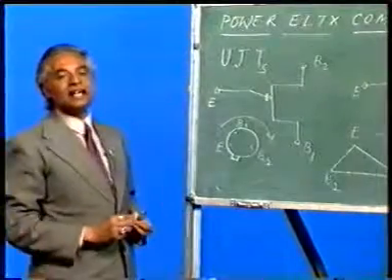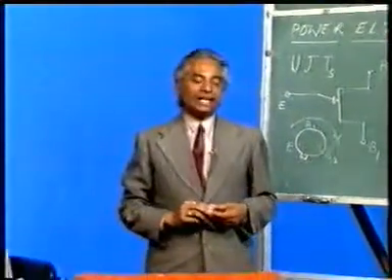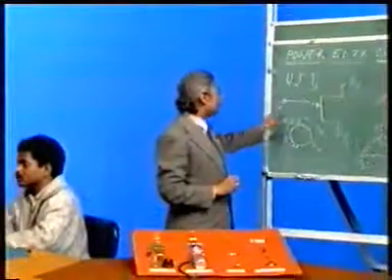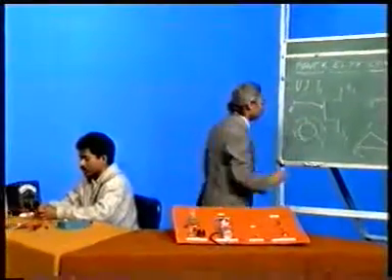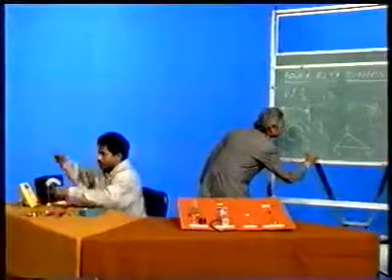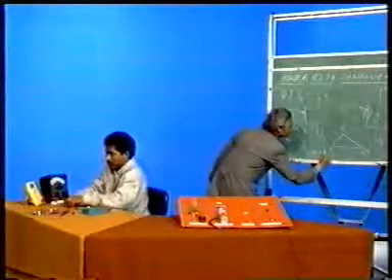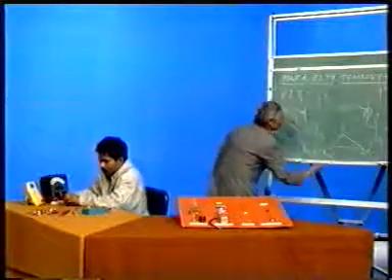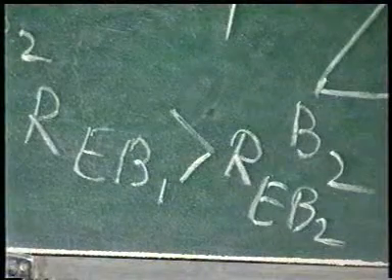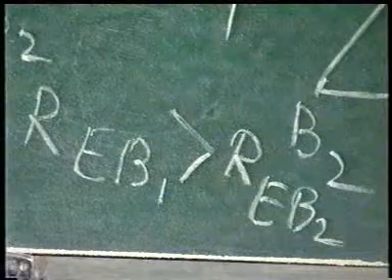Same is the test, and we see it with the help of a multimeter. That means resistance EB1 is greater than resistance EB2. This is the test, and we find out the terminals with the help of a multimeter.